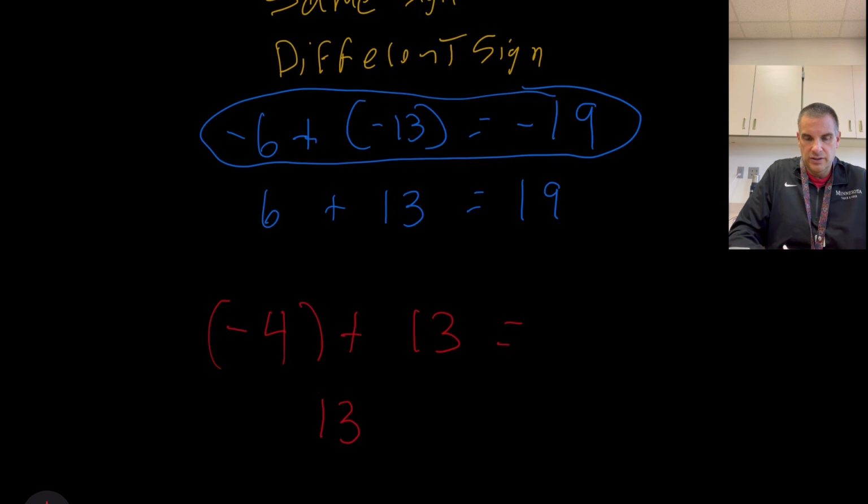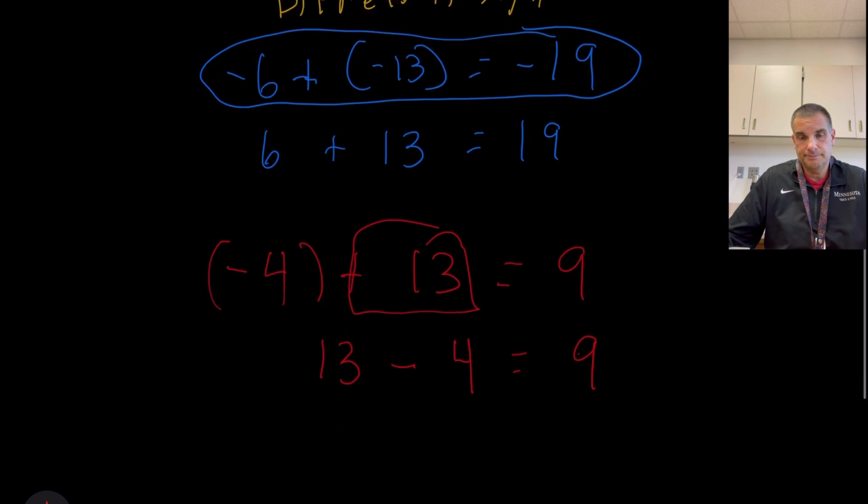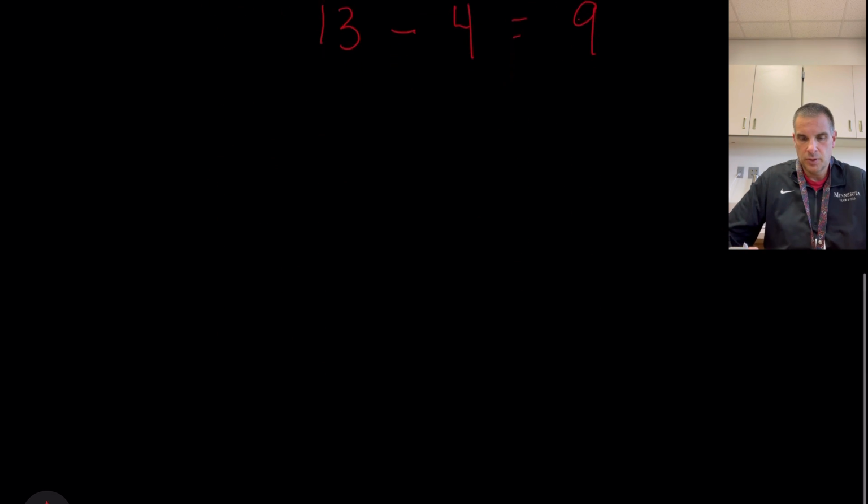The absolute value of the other one is 4. You're going to subtract 13 minus 4, which is 9. And then the sign is going to be the sign of the larger of the 2 numbers. So since the 13 is positive, my answer itself is going to be positive as well. Okay, so that's adding if they have the same sign or if they have different signs.